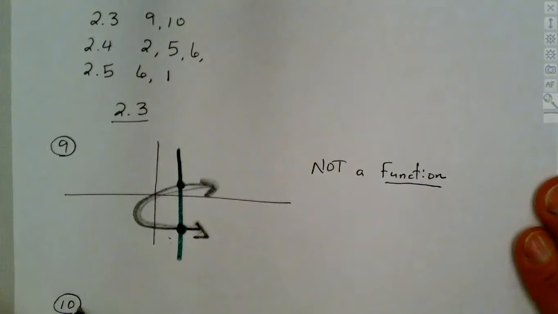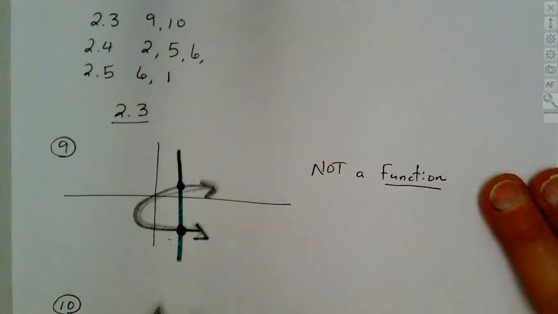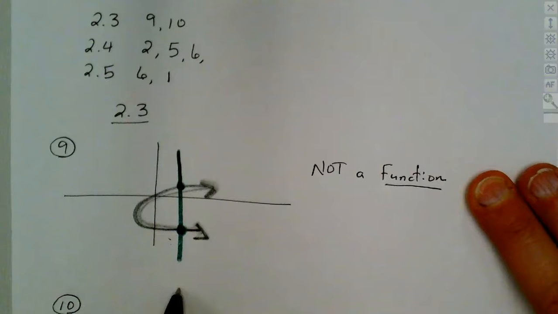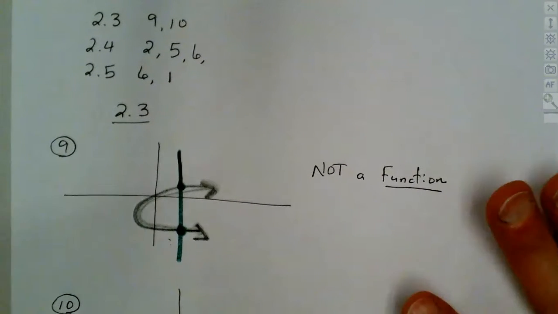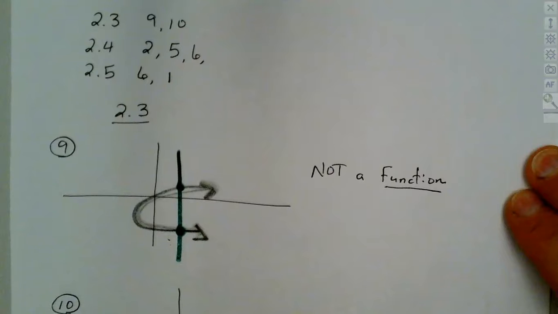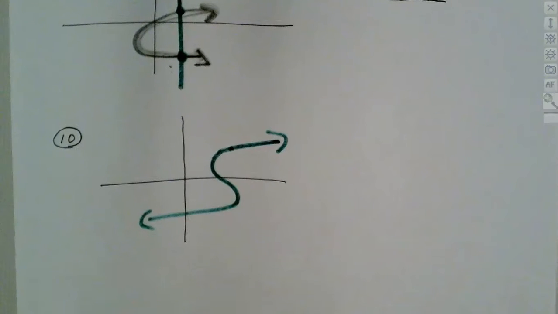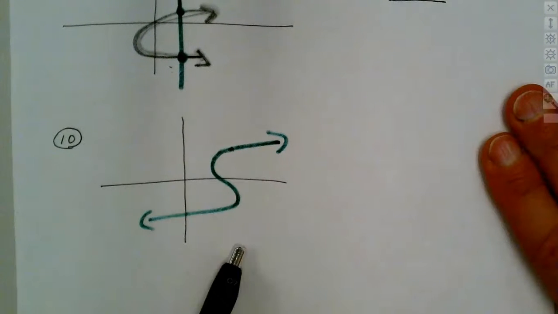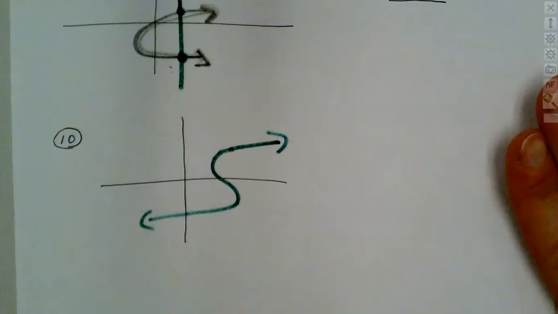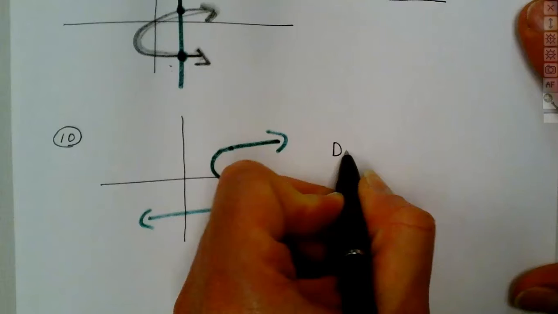And question 10, this is also not a function. We need to find our domain and our range. When we look at this graph, we know it's not a function again because of the overlap part here, right? The domain is the values of x.